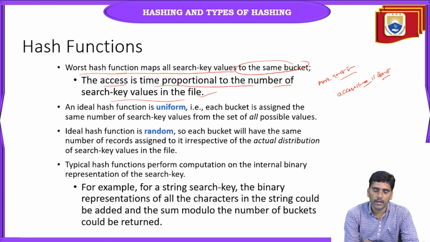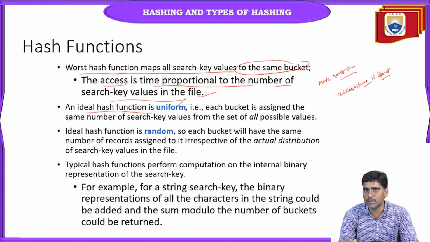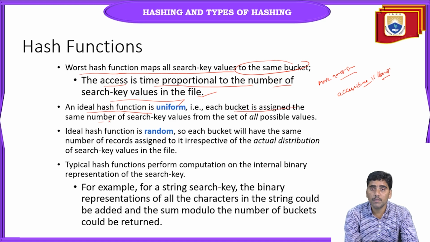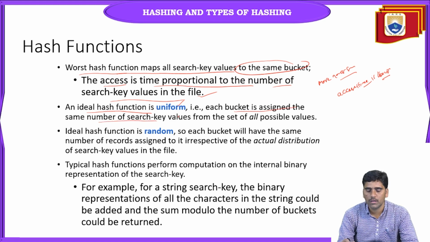An ideal hash function is uniform. That is, each bucket is assigned the same number of search key values from the set of all possible values.